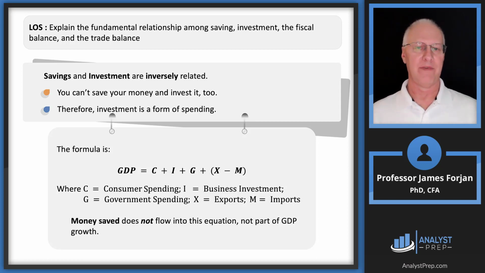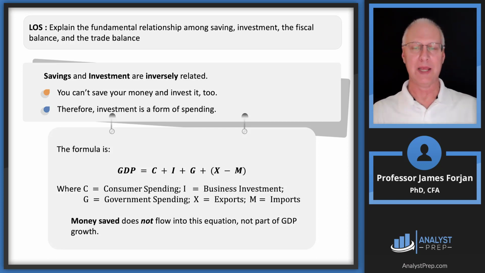Now, one of the main factors of a study of macroeconomic analysis is to ask yourselves the question, I have this income, I have this disposable income, what can I do with it? Well, I can save it, I can spend it, I can invest it.